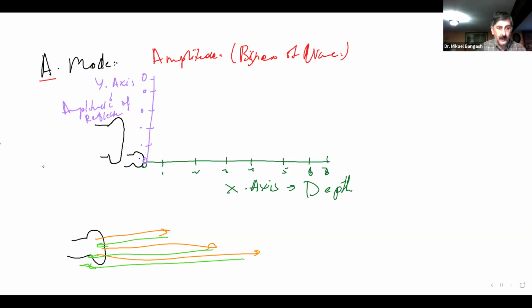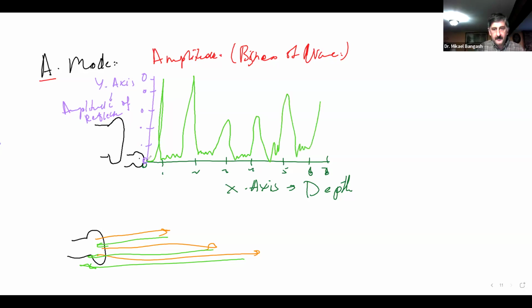Let's say that from the shallow depth here, we receive a reflection with a strong amplitude. It's going to be a big graph. Then we go like this, and then we can say a weak reflection, something like this.